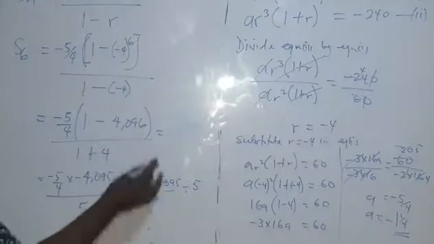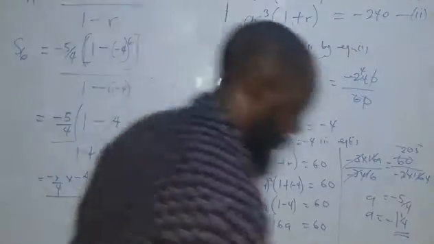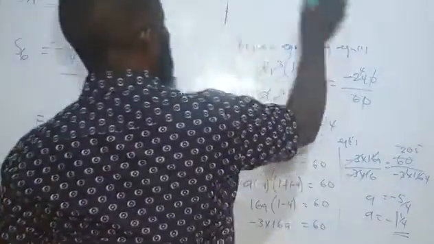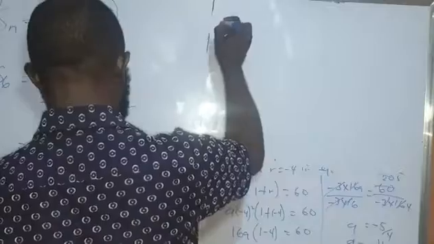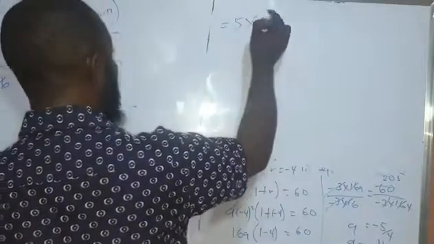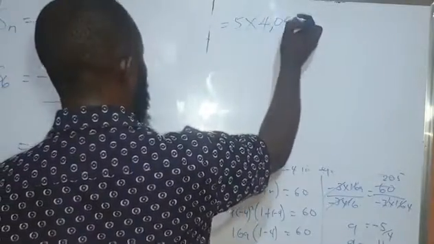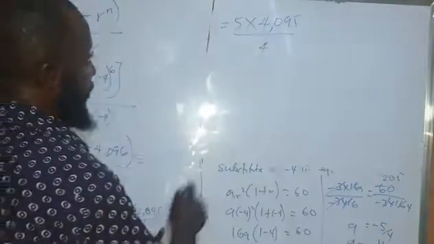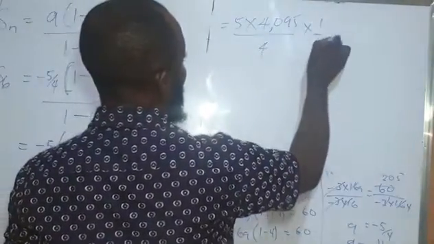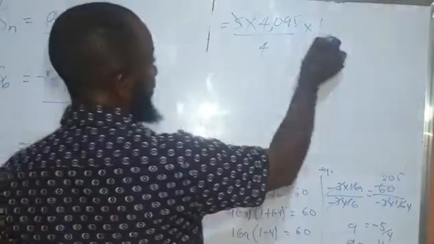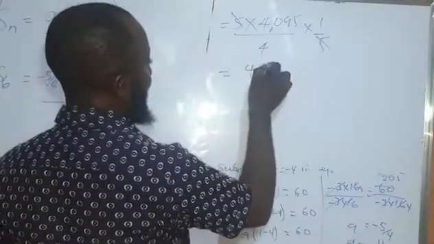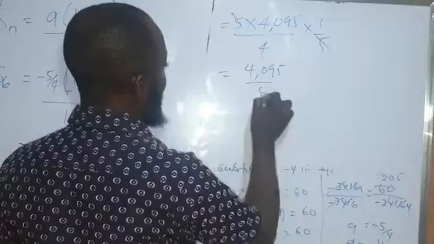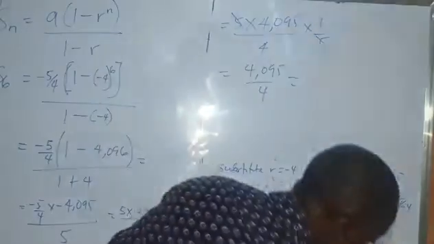We can change this division to times, that will be times 1 over 5. 5 cancels 5. So we then have 4,095 divided by 4. So when we divide this, what do we have?